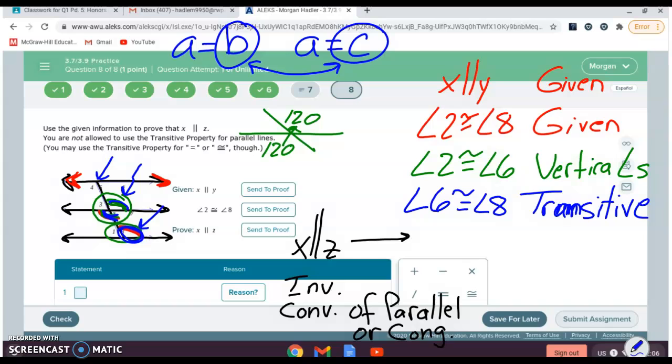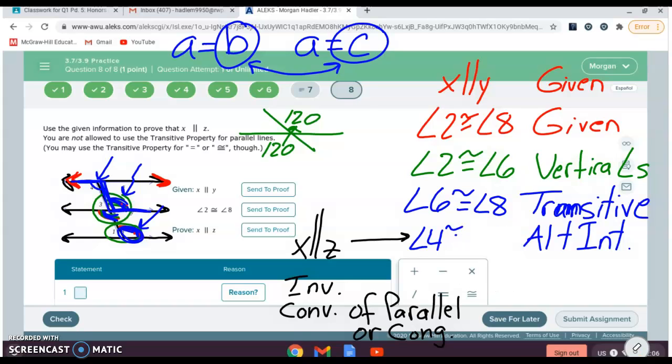And what I would do there, so now I know 6 and 8 are congruent, I would then say 4 and 6 are congruent, and that's because of the Z angles or alternate interior. Oops, I meant to say angle 6 here.